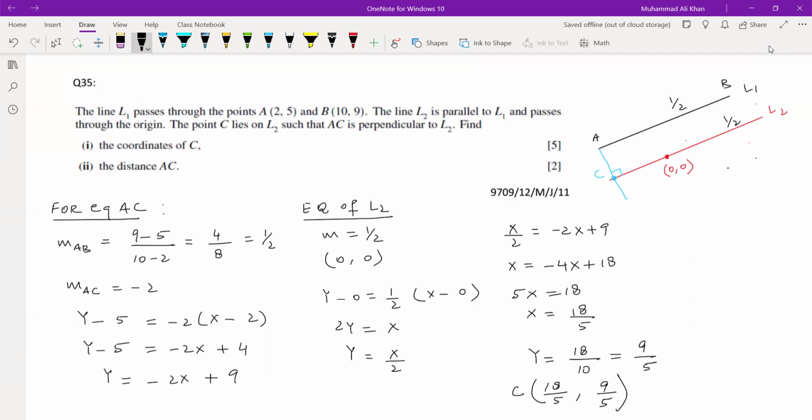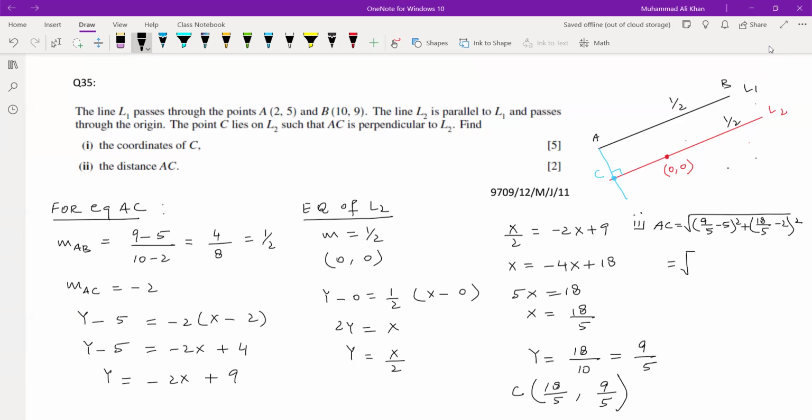Now, after that, the distance AC is simple. Second part, the distance AC is equal to the square root of the coordinates of A, which are 2, 5, and C, which are 18 over 5, 9 over 5. So 9 over 5 minus 5, whole squared, plus 18 over 5 minus 2, whole squared.